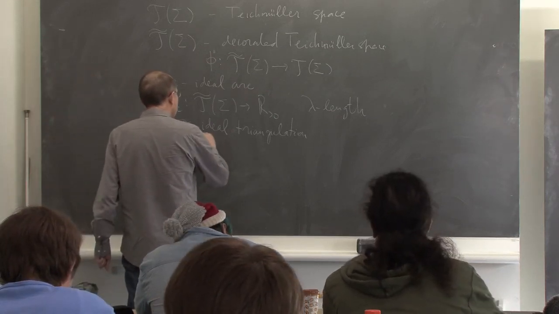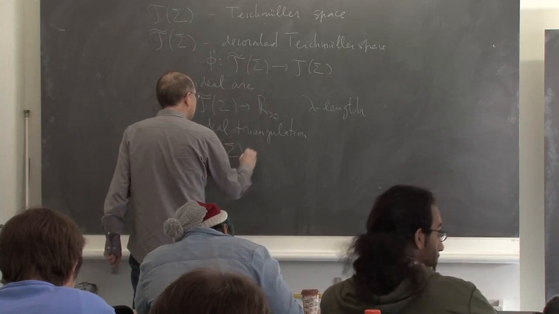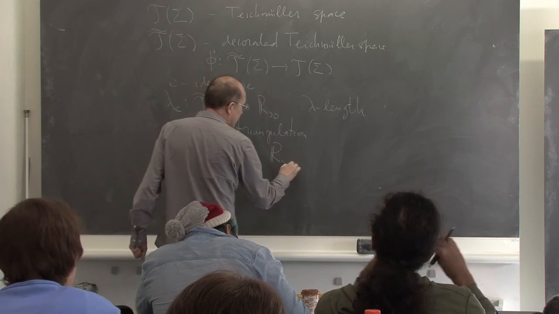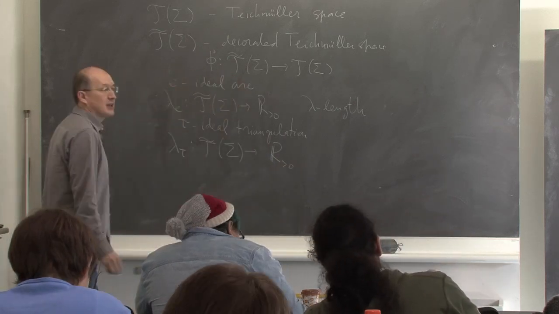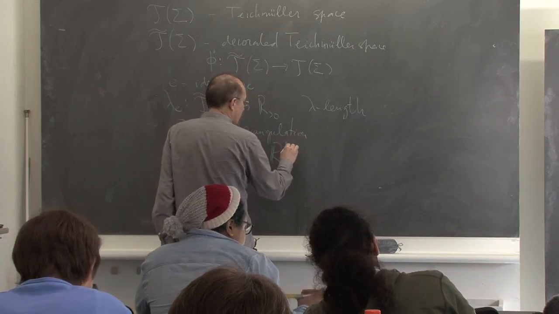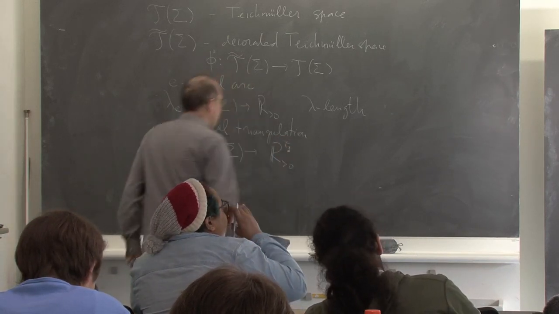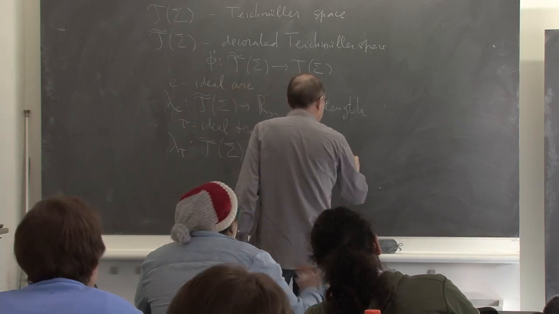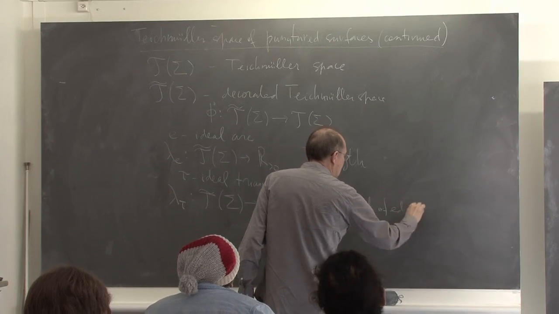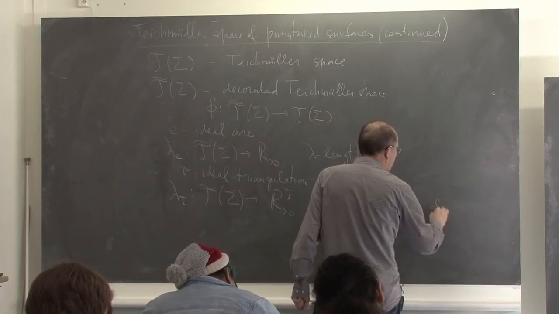But this time, it was a function with values in a certain power of R positive. And that power is given by the set of edges of tau. So tau 1, the set of edges of tau.